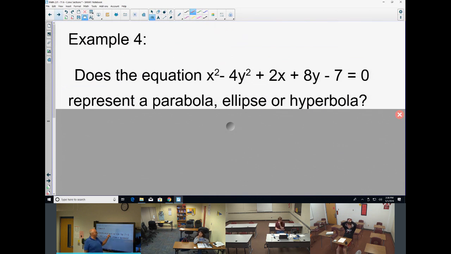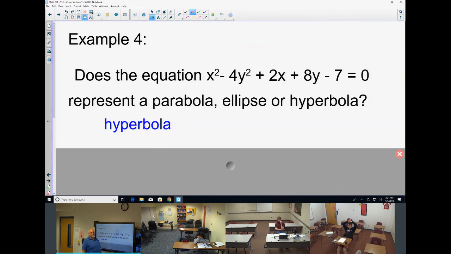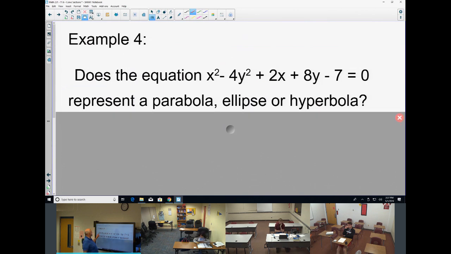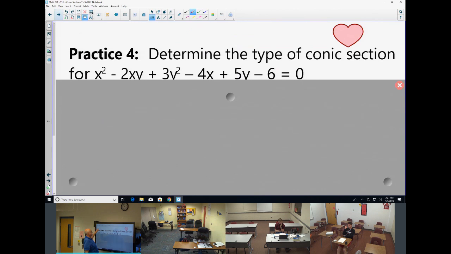So then when you multiply 1 times -4, you get -4. So if you get a negative, then that means you have a hyperbola. Okay? All right. So do that last practice 4. See if you can figure out what type of conic section you have just based on the equation.